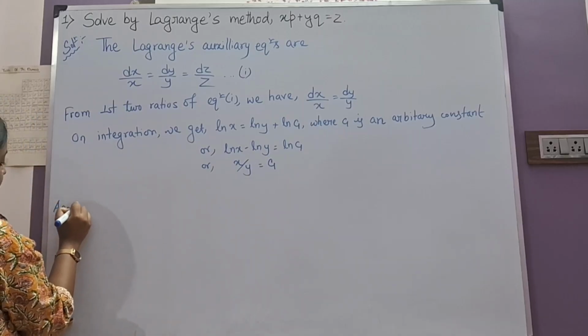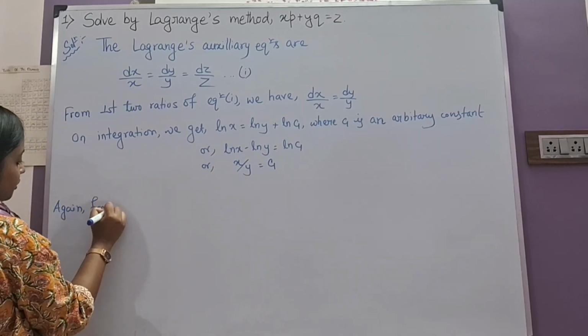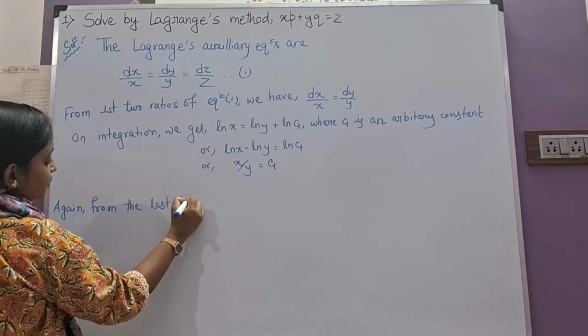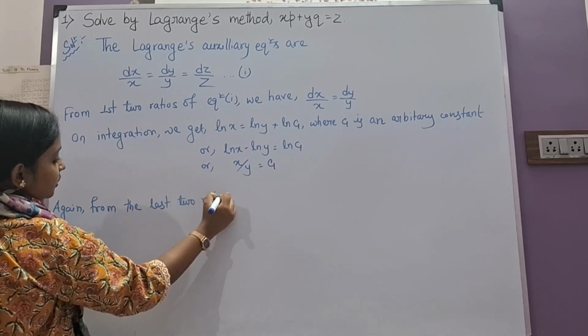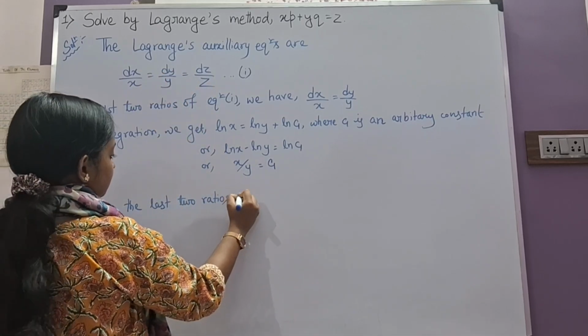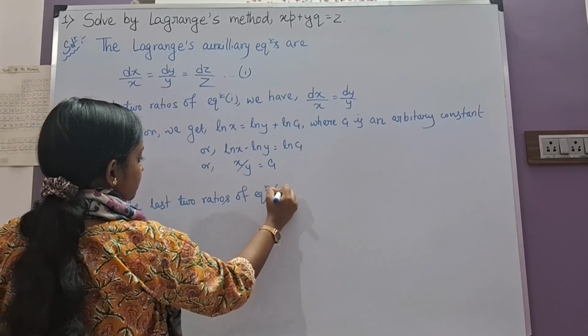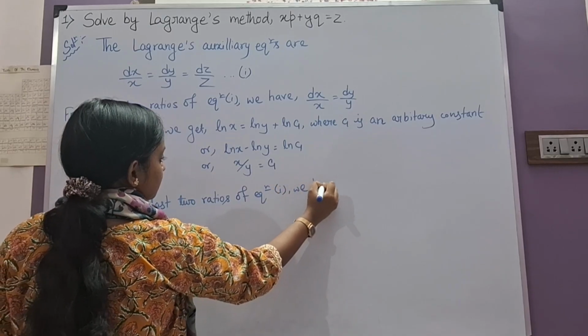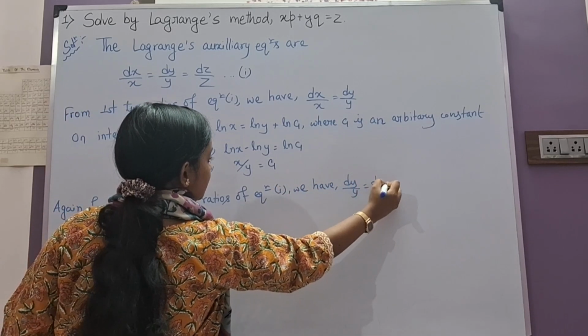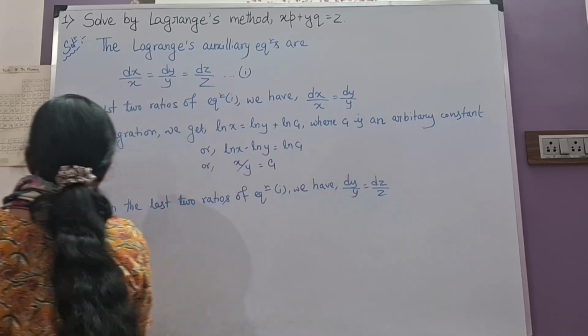Again, from the last two ratios, you can also choose the first and last ratio of equation number 1. We have dy by y equal to dz by z.